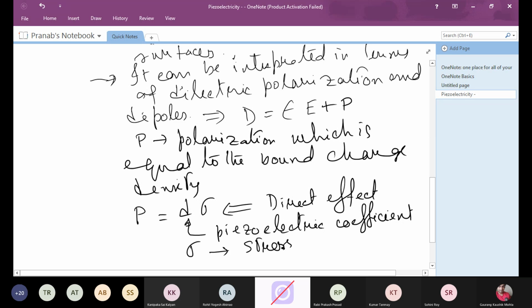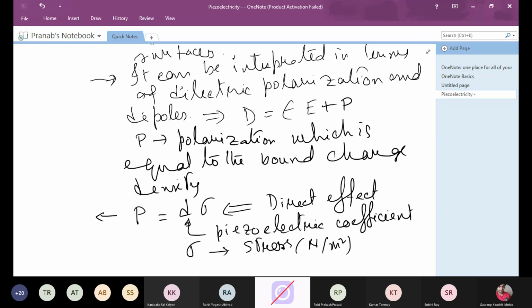If stress is say Newton per meter square, then the piezoelectric coefficient would be in picocoulomb or coulomb per Newton.